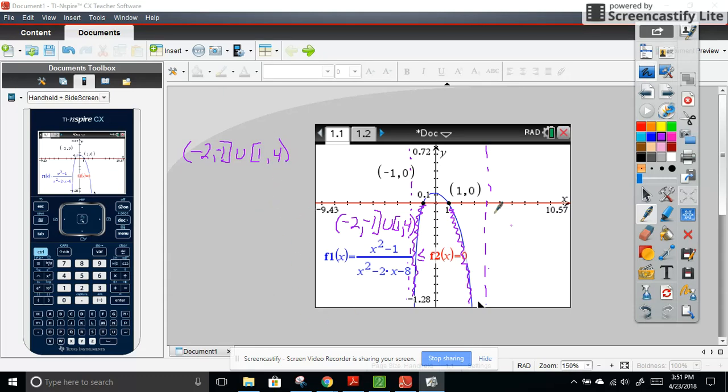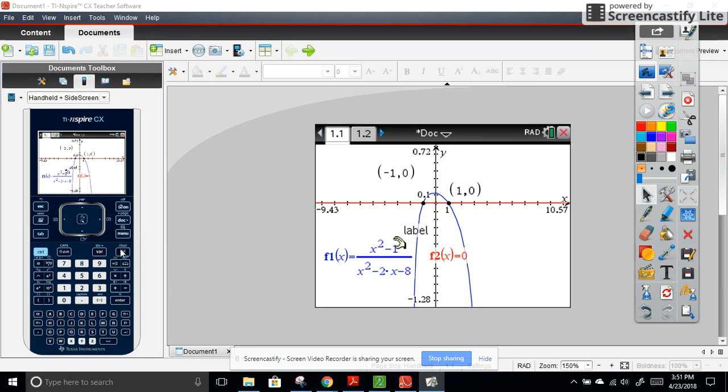Now this one just had 2 pieces, but some of these could have lots of pieces, because it doesn't always have to be 0. I could change this number right here and make it be something else.